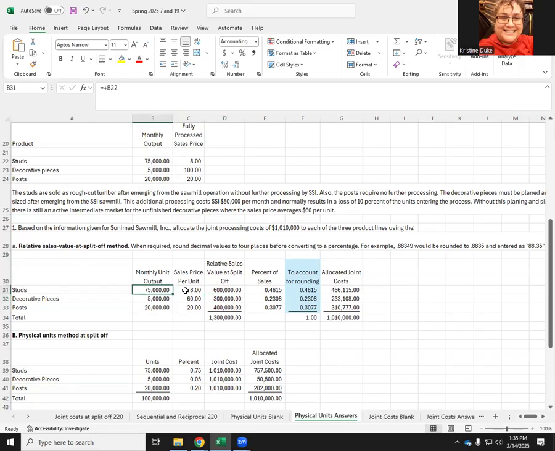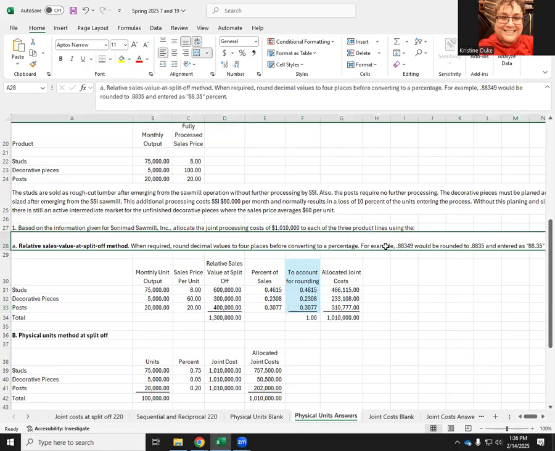Okay. 75,000 times 8, 5,000 times 60, 20,000 times 20. There's my amounts. Now I got 1.3 million. 600,000 is 46.15% of that, 23.08%, and 30.77%. Now, again, it's telling me only 4 decimal places.